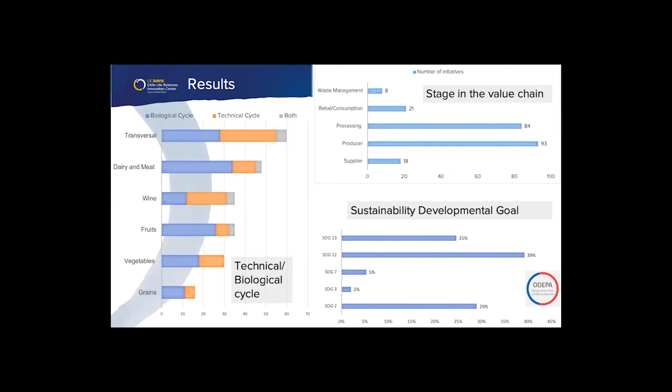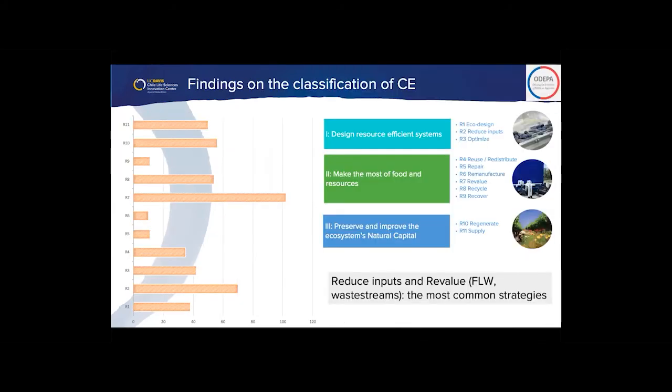Then we have how initiatives were in the technical and the biological cycle. In the stage, you will see that we focused the search and the work on the producer and the processing supply chain, but we also found some other initiatives regarding retail, consumption, waste management, and suppliers. For the strategies, the most common were revalorization and reduced inputs, as you can see in the diagram on the left.